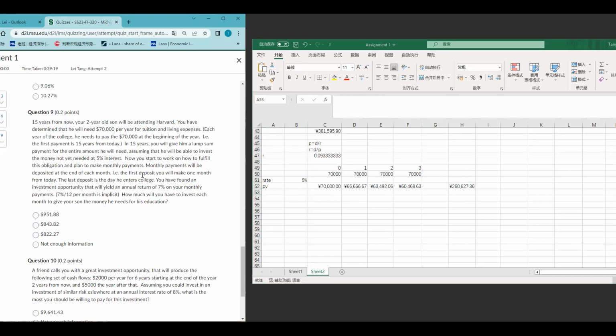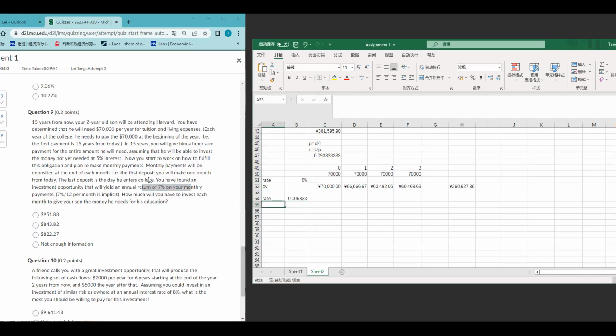We need to deposit to save the money each month to reach this goal, right? To finish this goal. We know the rate is 7% divided by 12, because it's monthly, so we need to divide by 12.